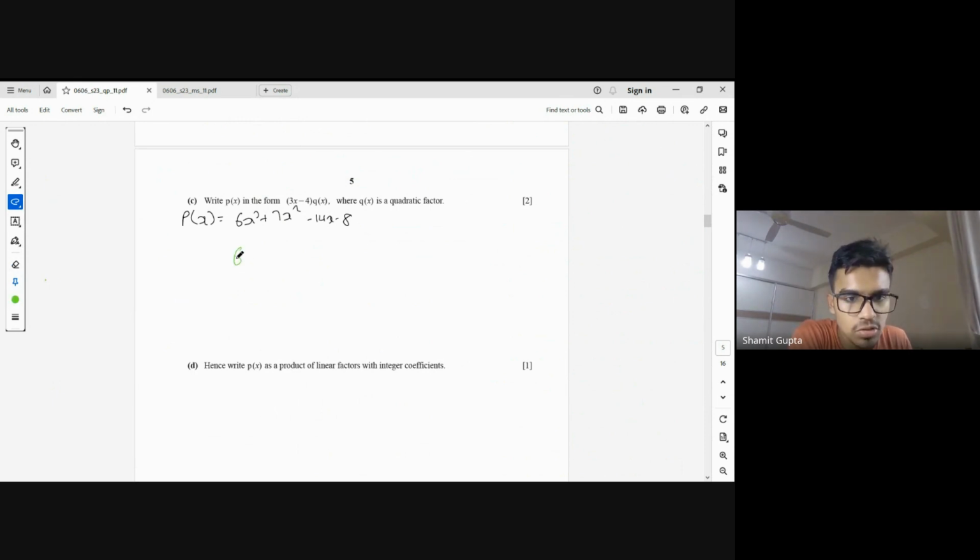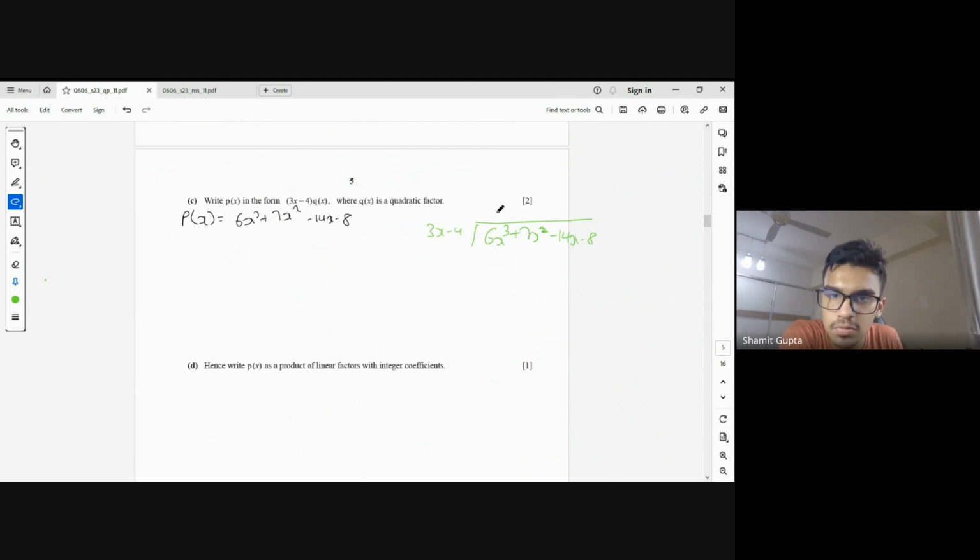Let's try to get more space. So I'll write it here. So it'll be 6x cubed plus 7x squared minus 14x minus 8. There are many methods, but I would recommend sticking with long division.